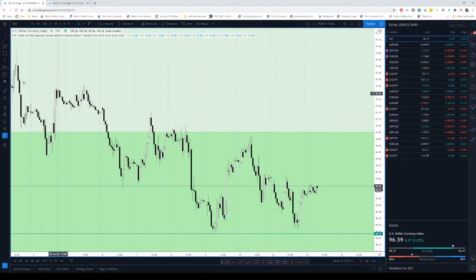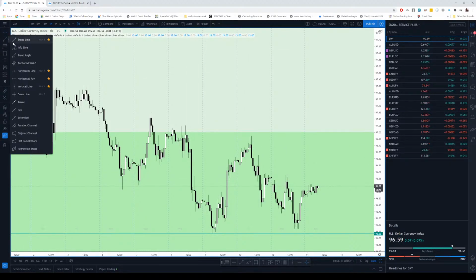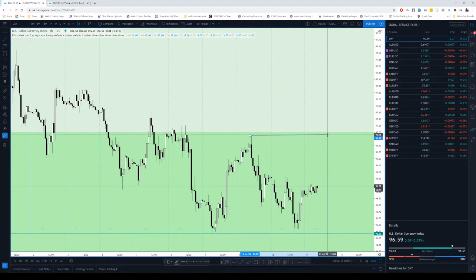It has to do one of these. It has to run this high or run this low. That will set the tone for this week. Let's get rid of this line.